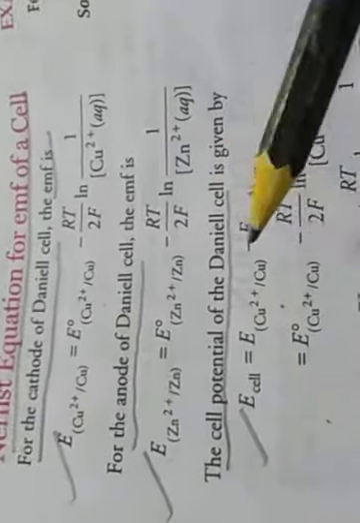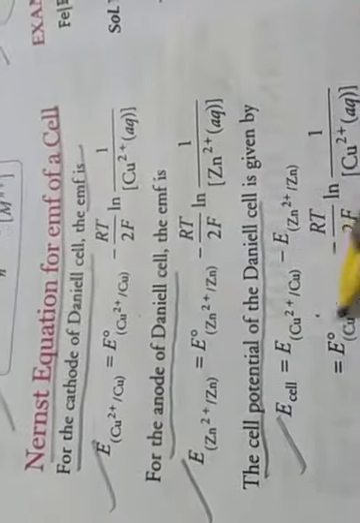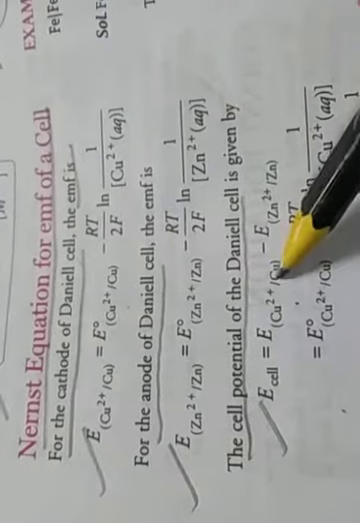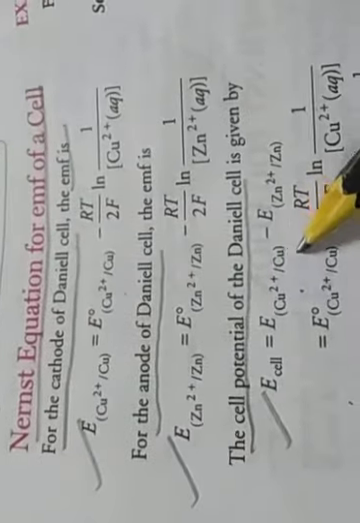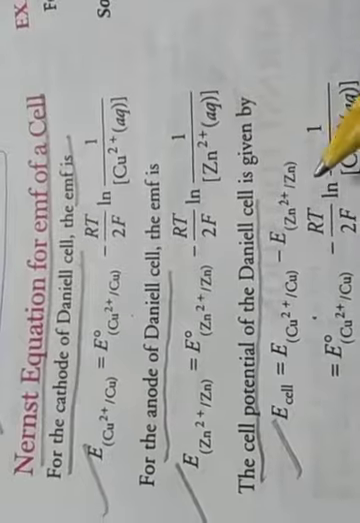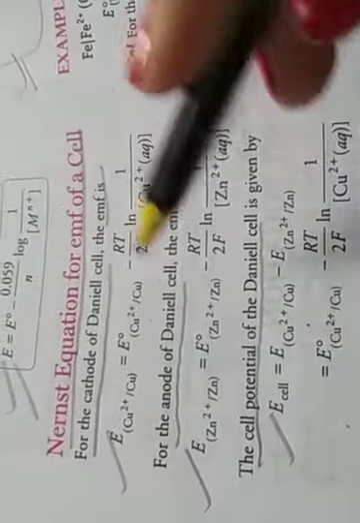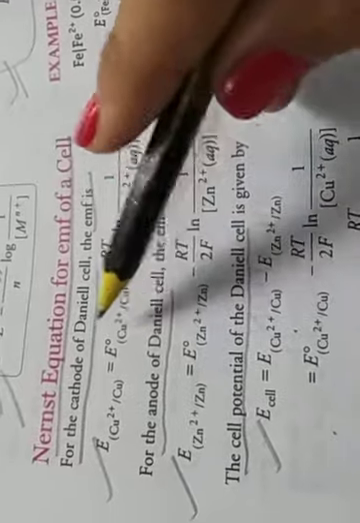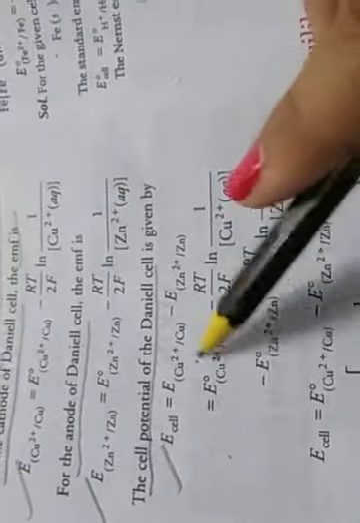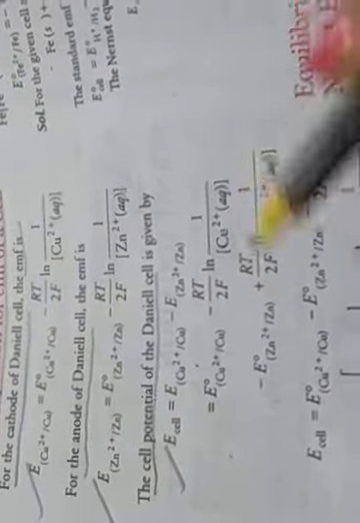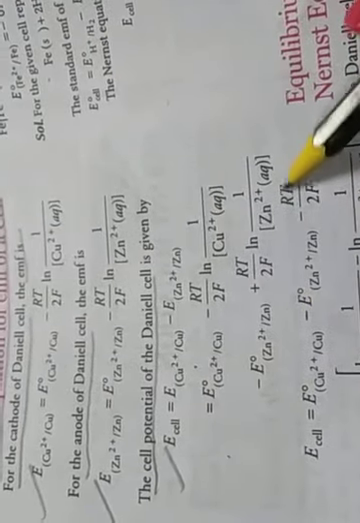So the cell potential of the Daniell cell, E cell, is equal to E(Cu2+|Cu) minus E(Zn2+|Zn). Here, cell EMF: both EMF values are put here. For copper we put its value, and for zinc we put minus this one.